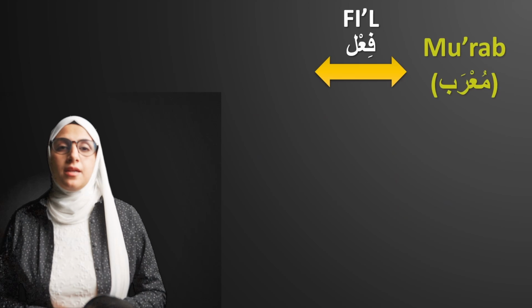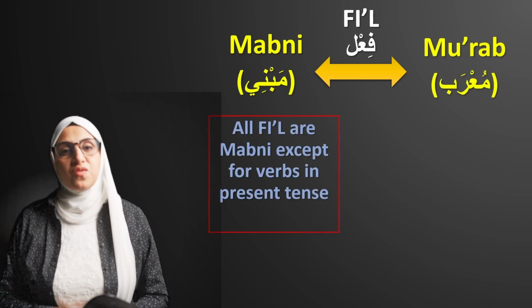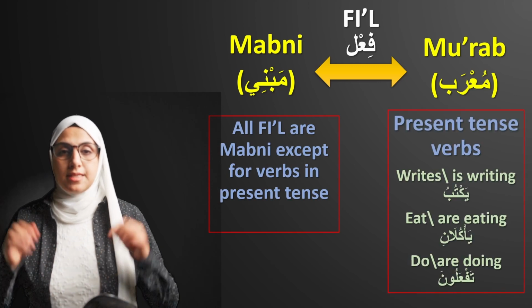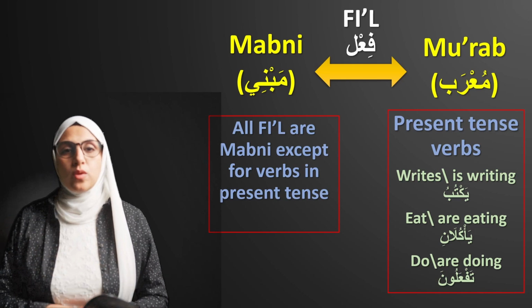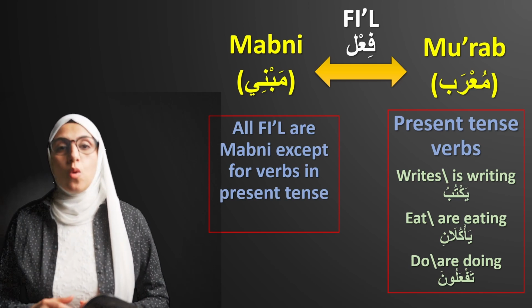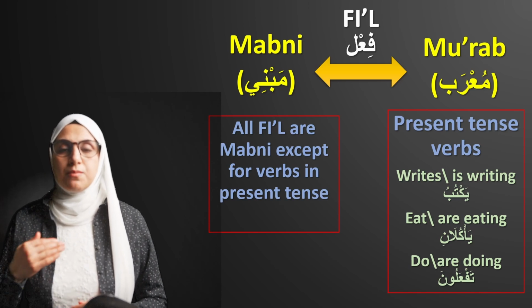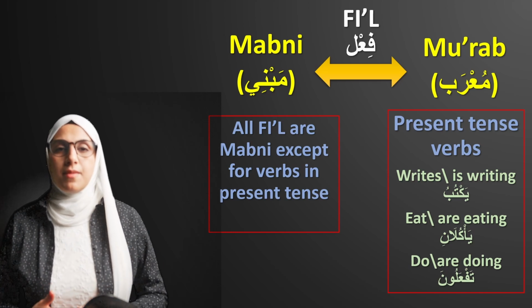What about الفعل? All فعل words are مبني except for the فعل that shows present time. That is something happening now or happens usually. Like when we say يكتب or يأكلان or تفعلون. Only these verbs that are in present can be معرب and all the other verbs are مبني.